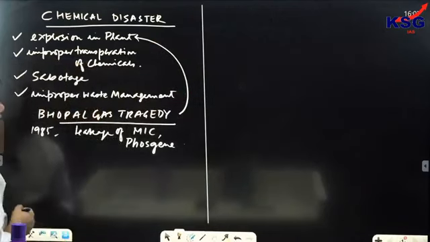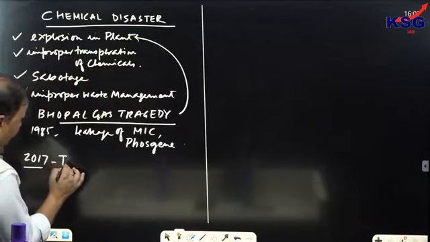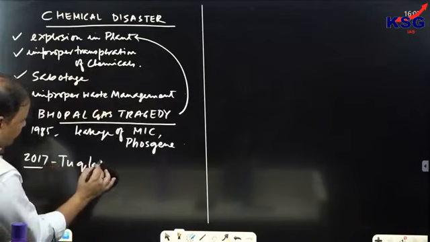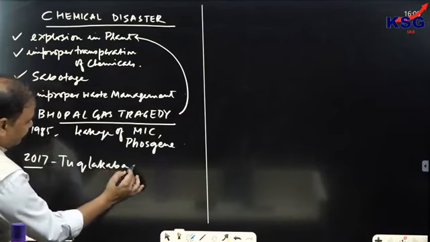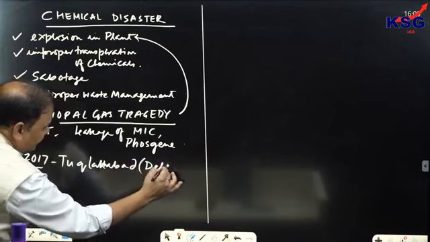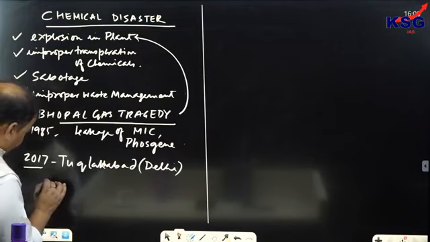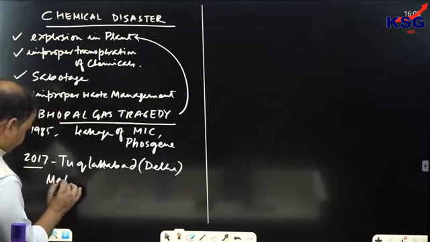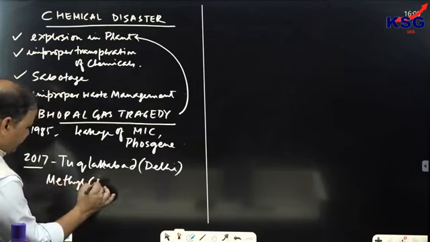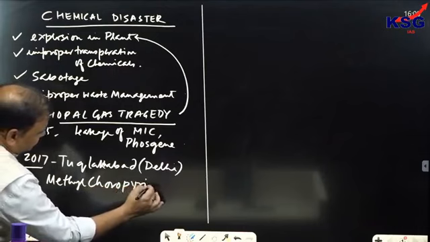Improper transportation of chemicals: in the year 2017 near Tughlakabad, and Tughlakabad is near Delhi, not in Delhi. Many school children fell sick, and that was due to leakage of methyl chloropyridine.